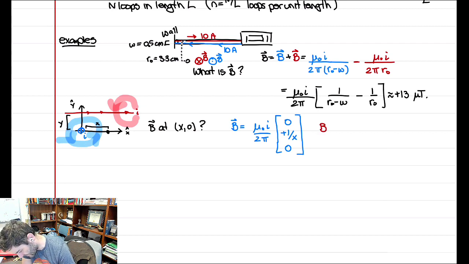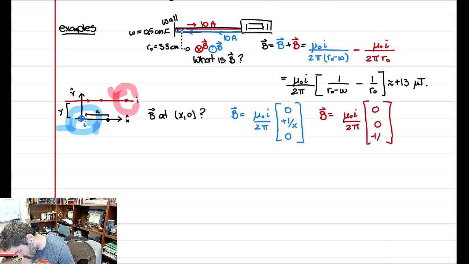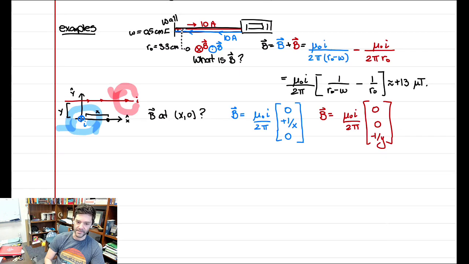So at this location it's also mu naught I over 2 pi. And then the components: it's pointing into the page, so there's no x, no y, and then negative 1 over y. It has a component in the z direction that depends on the distance away from the wire, which in this case is just y.